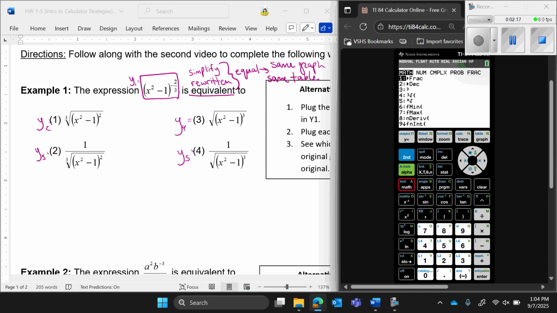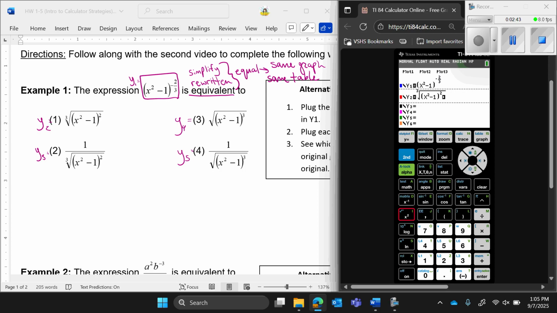Remember that the cubed root is under the Math button, and you could choose choice 4, or if you have any other root, like the 5th root or the 7th root, you would choose choice 5 and type in the number that you want. So we have the cubed root, parentheses, x squared minus 1. Then make sure your exponent is under the radical as well.